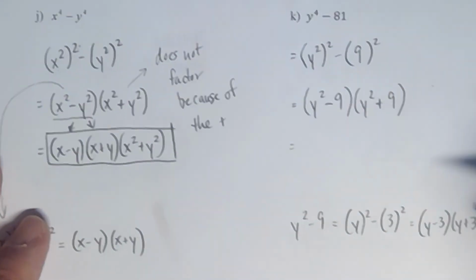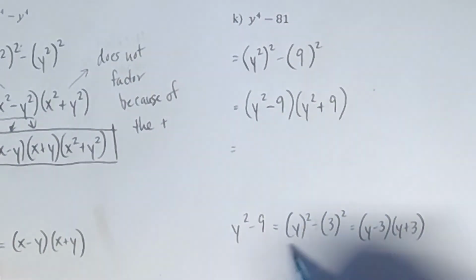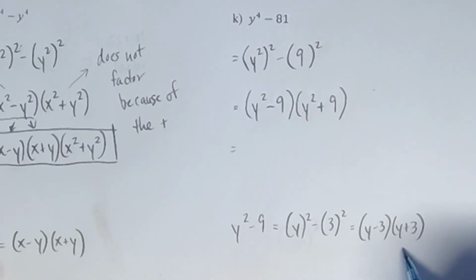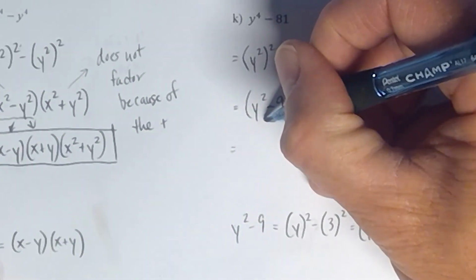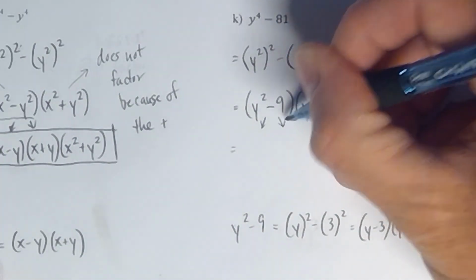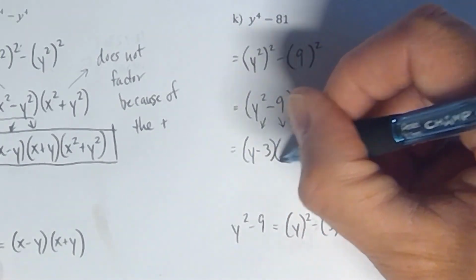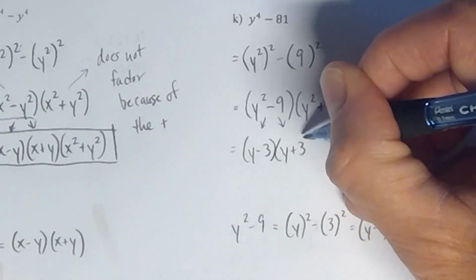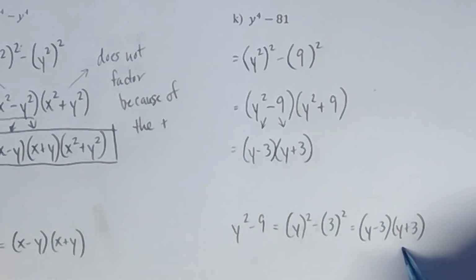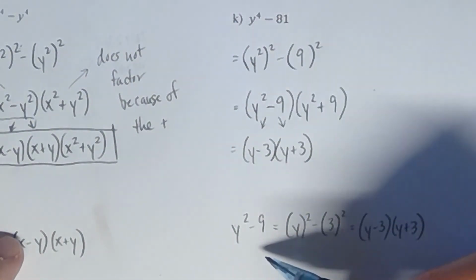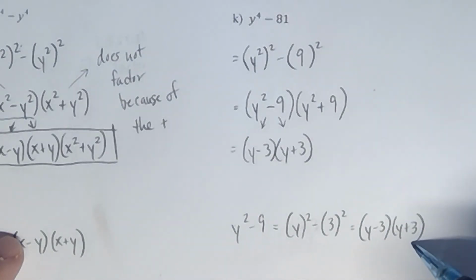Now I do need you to write down the final answer. I was just saying you don't have to write it down again down here as well, but you do need to write it up here. Take the y squared minus 9 and replace it with y minus 3 and y plus 3, because that's what y squared minus 9 is equal to, as we found out down here. So y squared minus 9 is equal to these two smaller brackets.